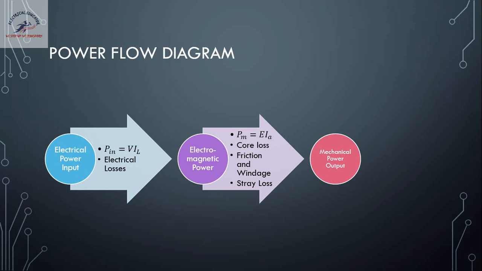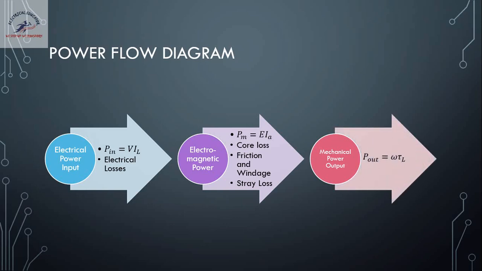Once the electromagnetic power is developed, it contributes to certain losses called core loss, friction loss, and windage loss, and also a small amount of stray losses. After contributing these losses, the remaining power is obtained as the output power, which is the mechanical power, and it is calculated using the equation omega into tau L, where tau L is the output torque or the load torque, and omega is the speed of rotation in radians.